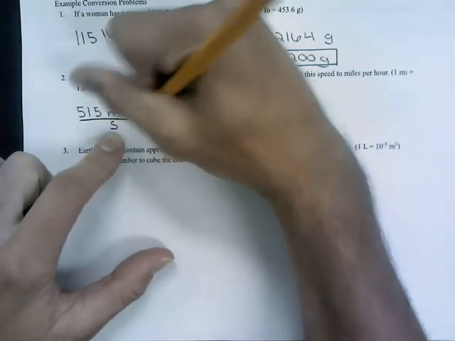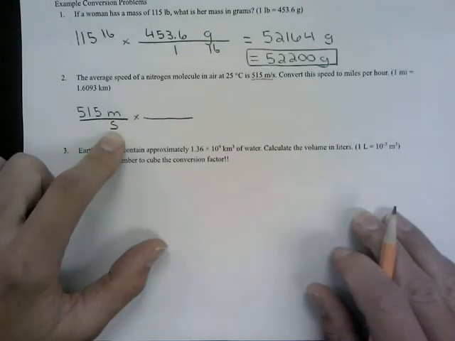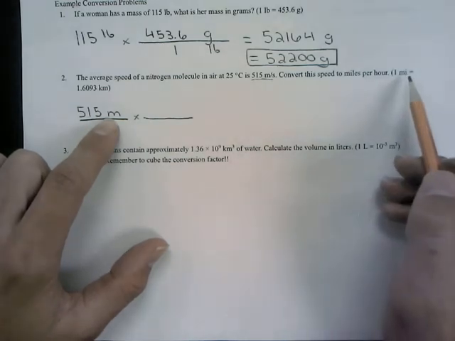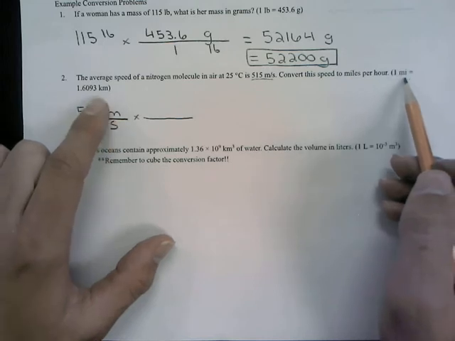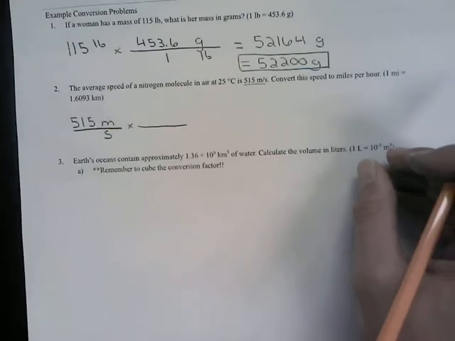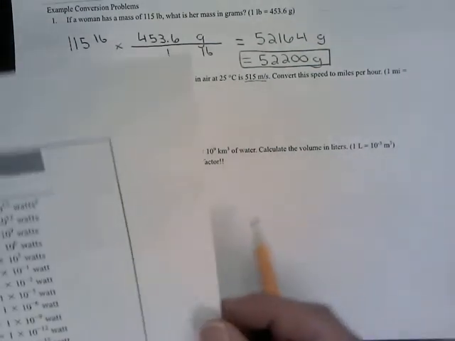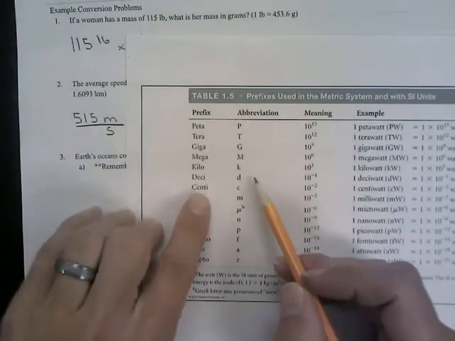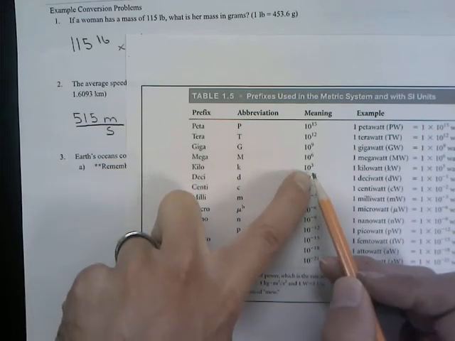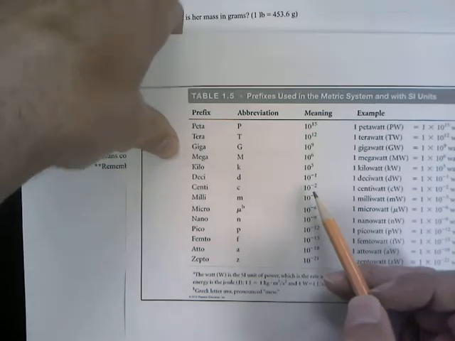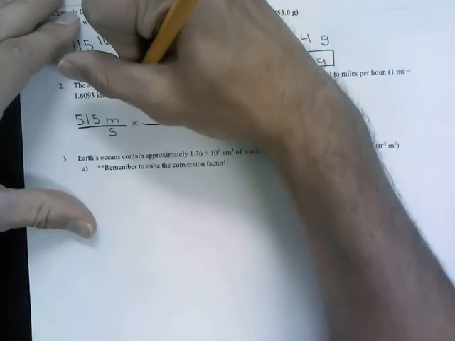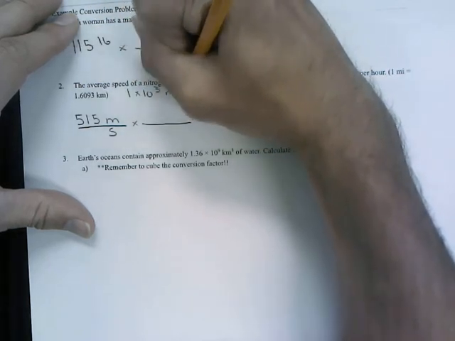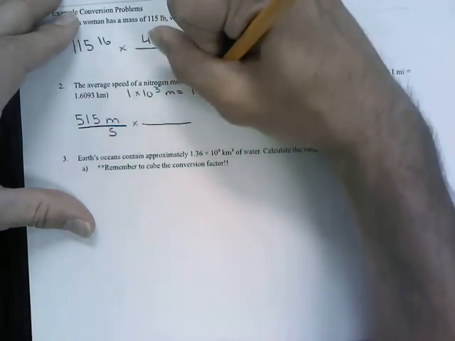The first is I am going to get rid of meters and try to get it in miles. If you notice, this is 1 mile equals kilometers. So what we have to do is look on our sheet and find meter and kilometer. Kilometer has the value of 1 times 10 to the third base units. So 1 times 10 to the third base units, which is going to be a meter, is equal to 1 kilometer.